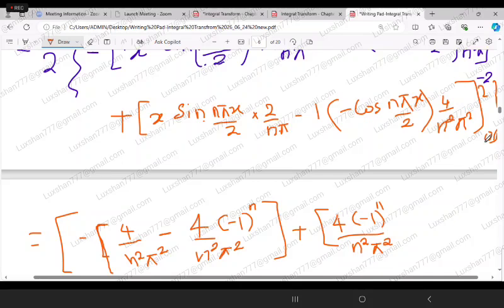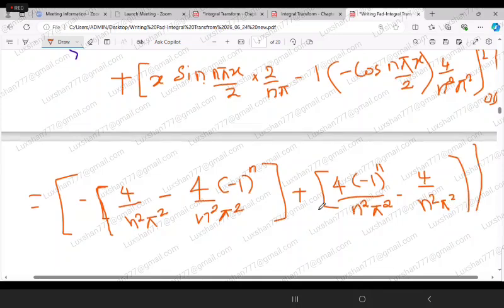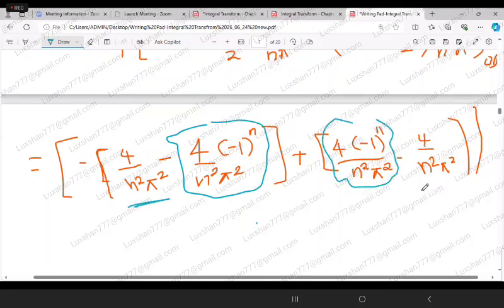And if you substitute 0, then that becomes minus 4 over n squared pi squared. Okay, right. Now I have a minus here. Look at here, minus 4 over n squared pi squared, minus into minus is plus. Both are same. Look at here carefully. This term and this term both are same. Similarly, this term and this term both are same.